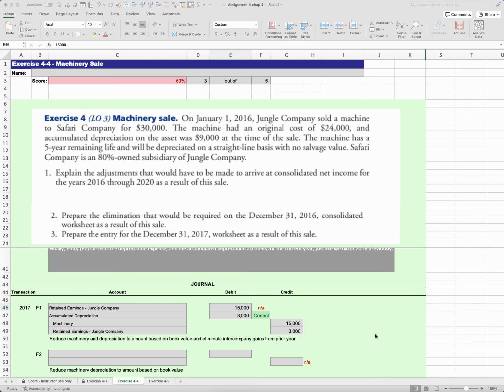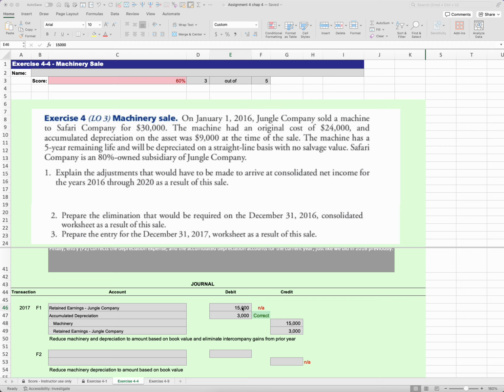Just wanted to real quickly also comment on this 15,000 here, which was a reduction to retained earnings. This was actually a gain from previous years. Remember, the seller would have recorded a gain of $15,000, and so we want to eliminate that gain. And typical way we do that is to record a debit to gain.